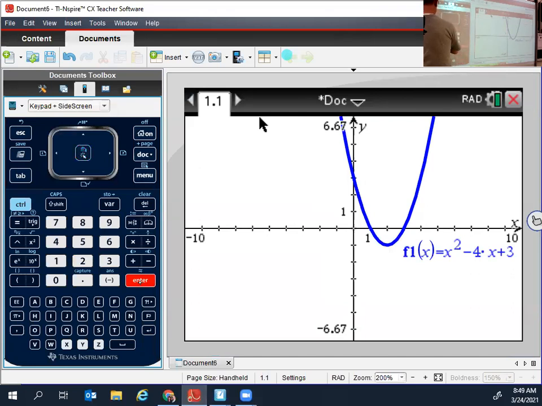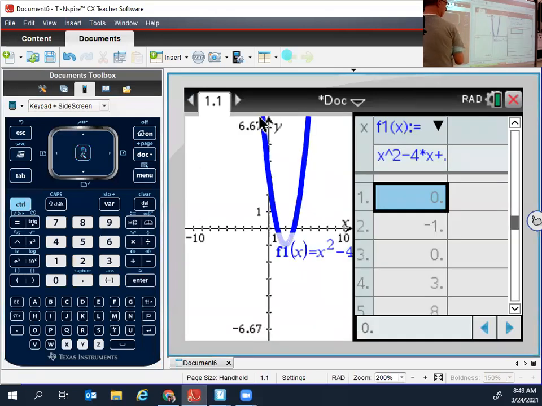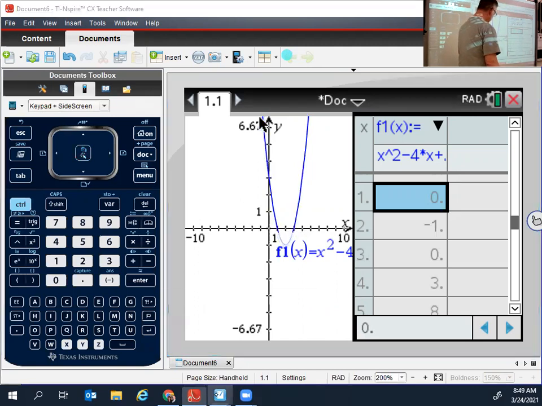Okay, we're just going to go to our table, Control T. I have 0, negative 1, 0, 3, 8 for most of my points.